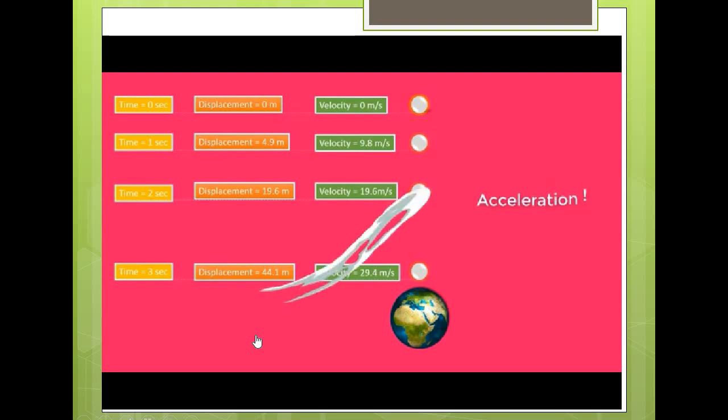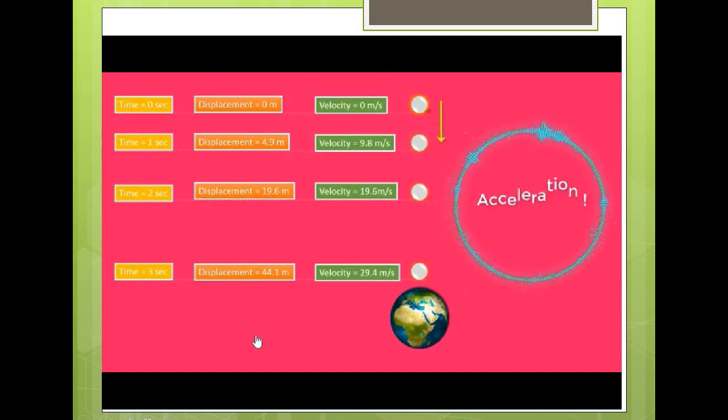We know that the rate of change of velocity every second is called acceleration. It means if I find the change in velocity between 0 and 1 seconds, it will give us acceleration. Hence, at time 0 second, our velocity is 0 meter per second, and at time 1 second, our velocity is 9.8 meter per second.